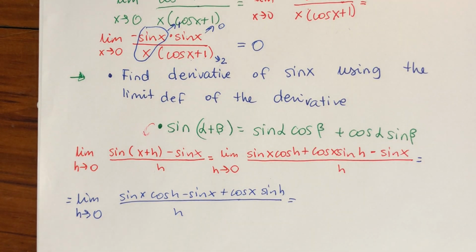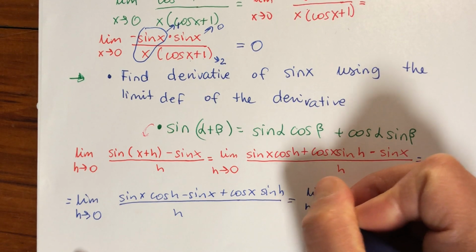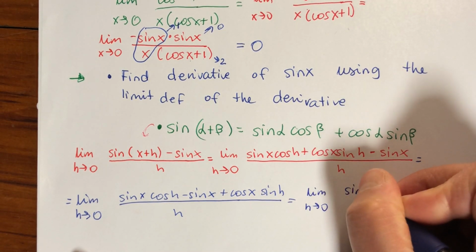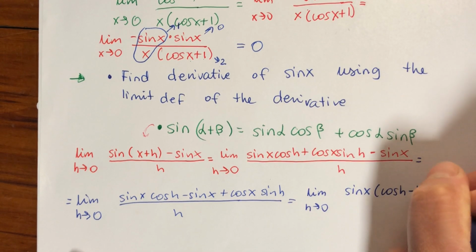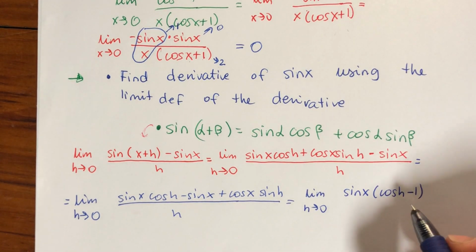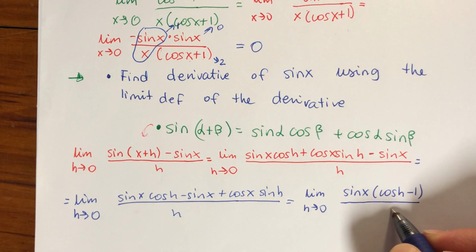All right, so now I am going to factor out sine of x from those two terms. So I have limit as h approaches 0, sine of x times cosine of h minus 1, and this is over h.